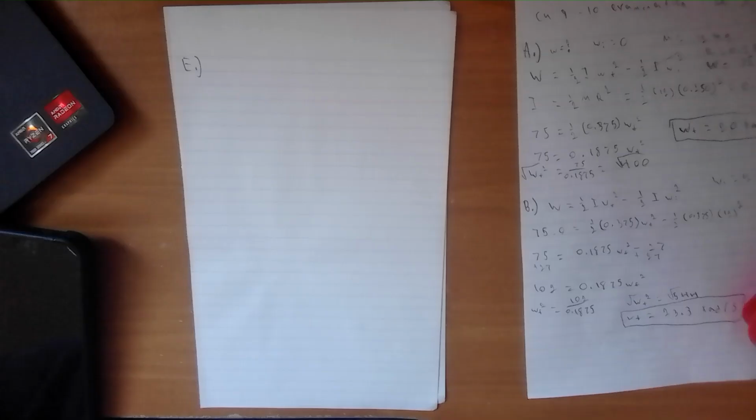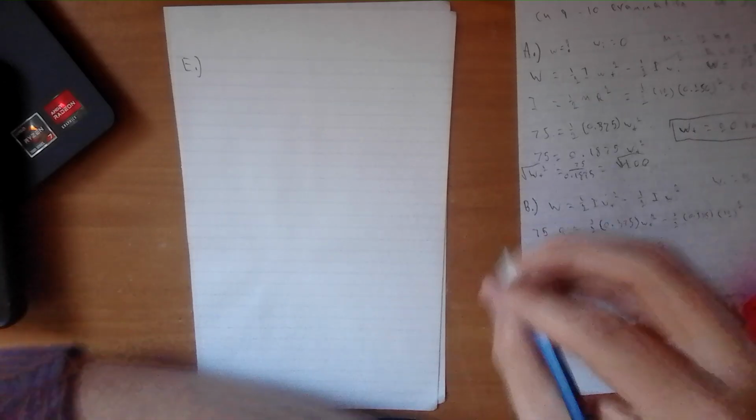You wrap a light, non-stretching cable around the cylinder and tie the free end to a 0.500 kilogram block of cheese. You release the cheese from rest at a distance h above the floor. If the cheese is moving downward at 4.00 meters per second just before it hits the ground, what is the value of h? We're trying to figure out how high the cheese is above the ground.